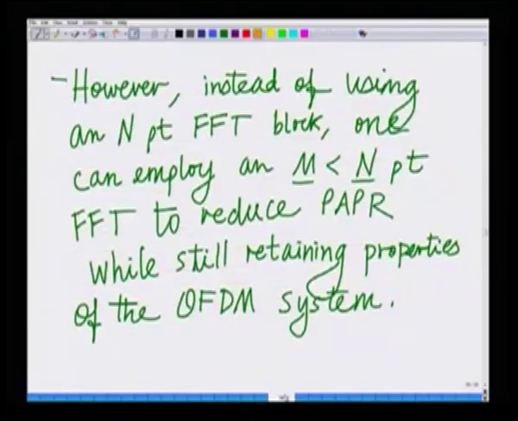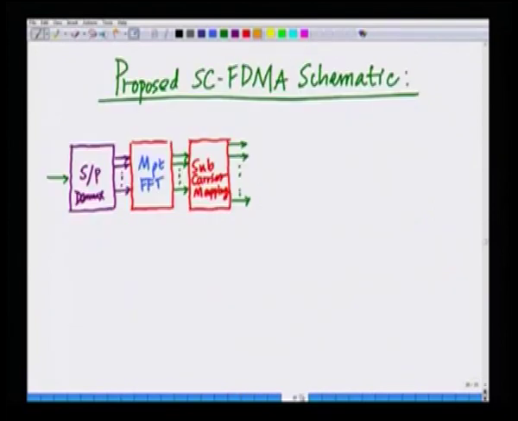So, I am going to choose an FFT size M, which is much smaller than N, and then map these M symbols onto N subcarriers. Hence, the net schematic looks as follows.